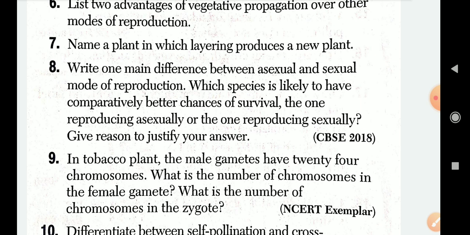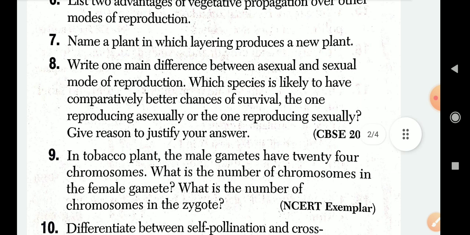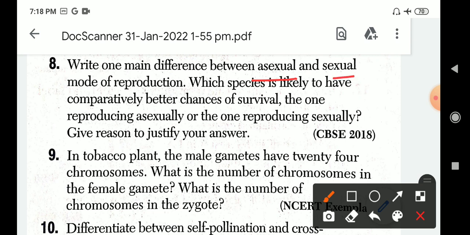Okay, now next question. Write one main difference between the asexual and sexual modes of reproduction. If we are talking about sexual and asexual reproduction, the differences: we all know only a single parent is involved in asexual reproduction, and in sexual reproduction two parents are involved.